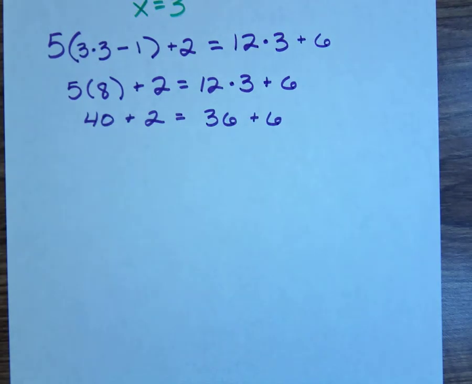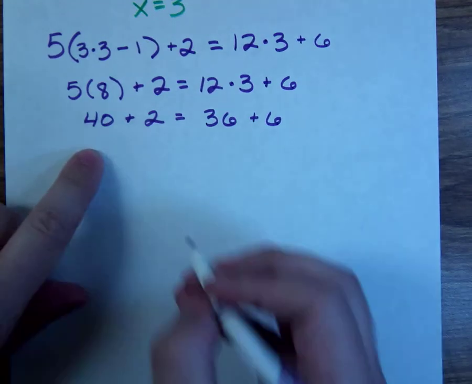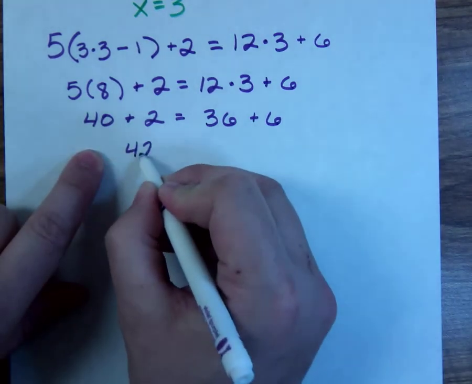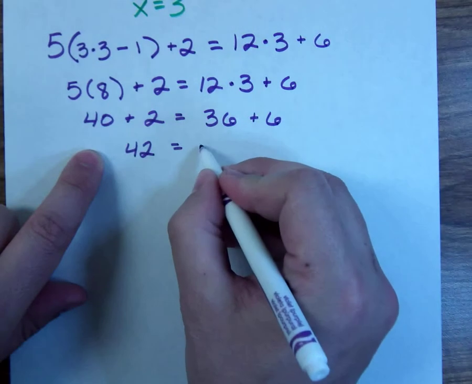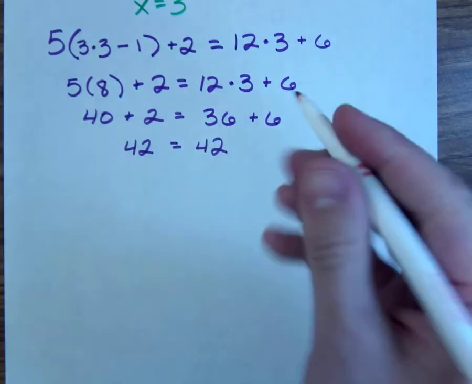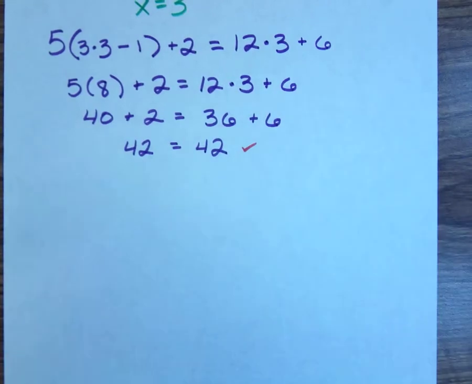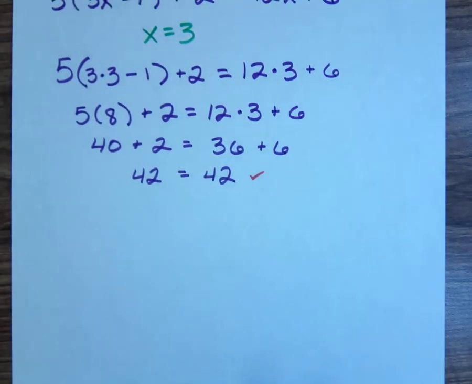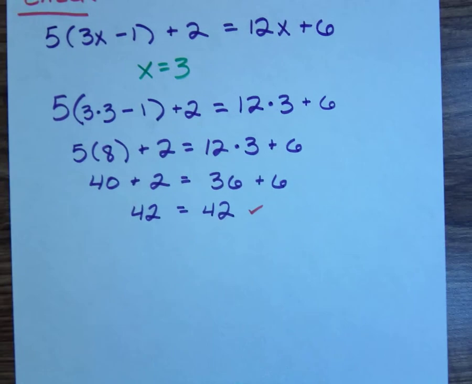Next, Aunt Sally says do addition and subtraction. There is no subtraction, so we'll just do addition. 40 plus 2. Good. 36 plus 6. Now, because the two sides of this equal sign are the same, that tells us that x equals 3 was the correct answer. And that's how you can check your work.